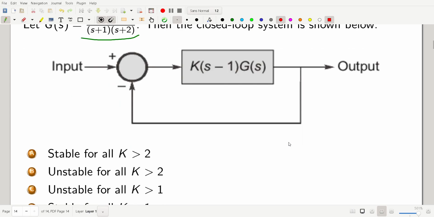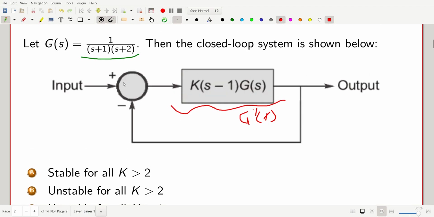So here let us assume this is the complete G. Okay. So here they have given G(s) is 1 by (s plus 1)(s plus 2). So we can see here the complete transfer function equals G(s) divided by 1 plus G(s)H(s), since this is negative feedback, so here it will be plus.